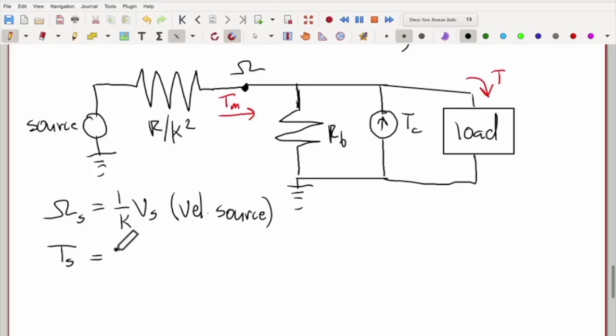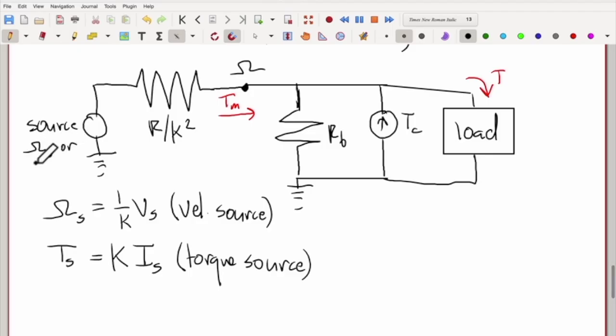And that torque source is equal to k times Is. In other words, if we're driving our motor with a velocity source, then that becomes omega s, or Ts here. It either becomes an ideal velocity source, or an ideal torque source appearing here.